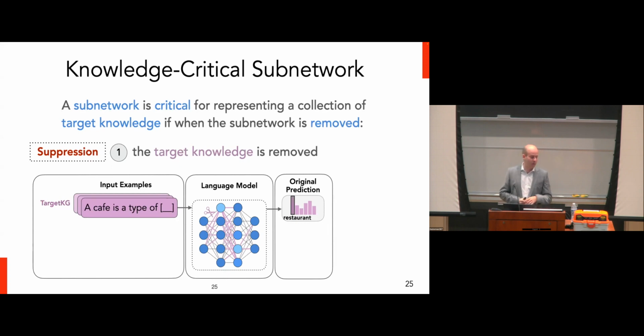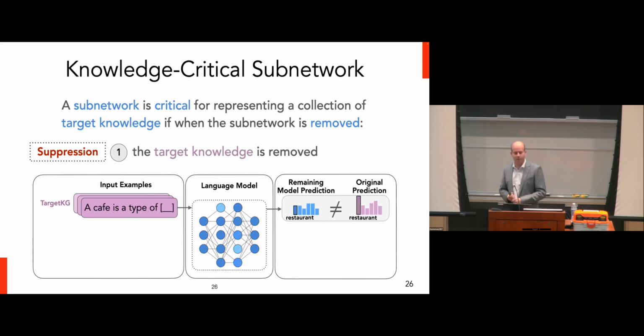And mechanistically, how do we define this knowledge critical subnetwork? Well, essentially according to two properties. The first is suppression: if we were to remove this subnetwork from the larger model, then the knowledge that that subnetwork reconstructs should no longer be able to be expressed by this model. So in other words, it should be removed.